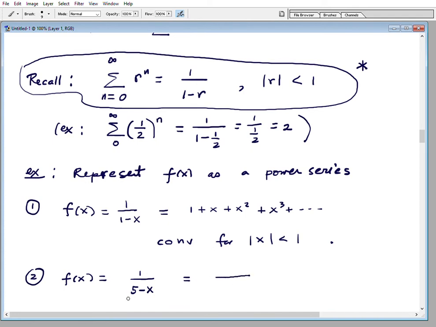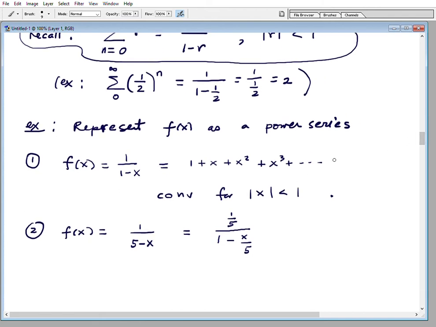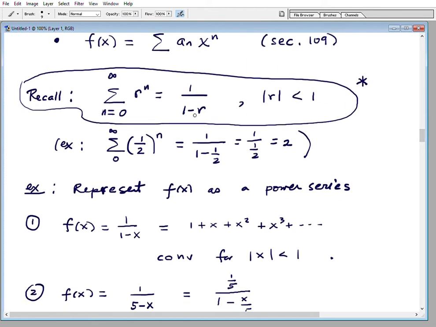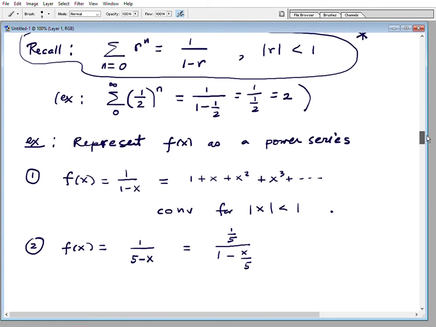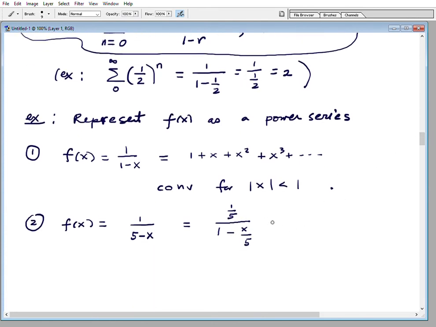If we divide the denominator by 5, we're doing that just so we can get a 1 there, and divide the top by 5 as well. All right, so now we have something that looks a little bit more like this because we have a 1 here. You could just put the 1/5 out in front.